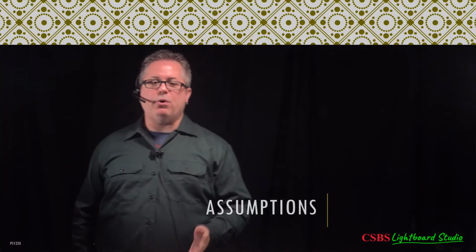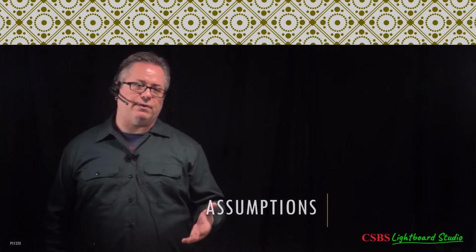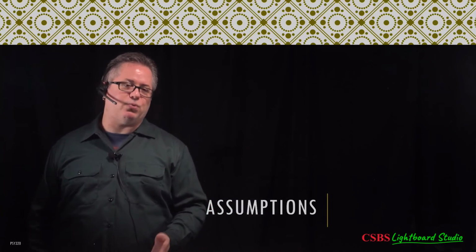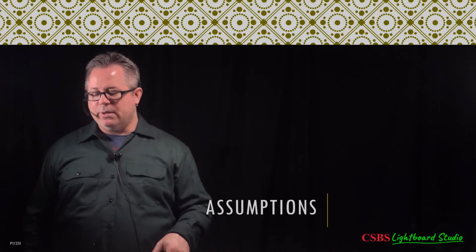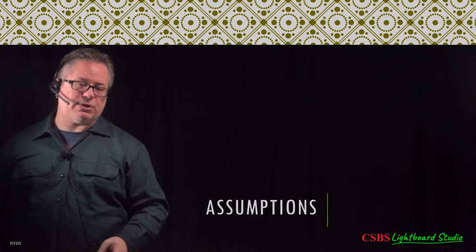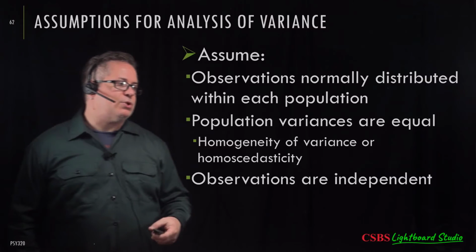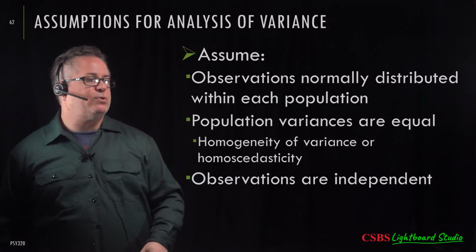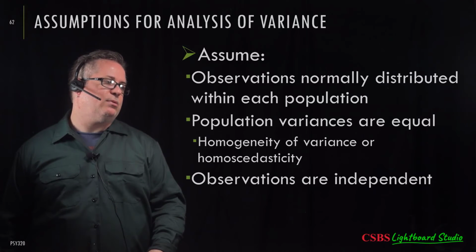So seeing as how ANOVA is an extension of the independent samples t-test, this between groups ANOVA that we're doing is an extension, the assumptions remain essentially the same. Right? We're going to assume that our observations are normally distributed within each population.